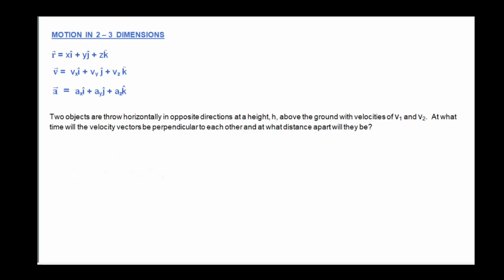Let's do our last problem. Two objects are thrown horizontally in opposite directions at a height h above the ground with velocities of v1 and v2. At what time will the velocity vectors be perpendicular to each other, and at what distance apart will they be? So let's make a little diagram of this.